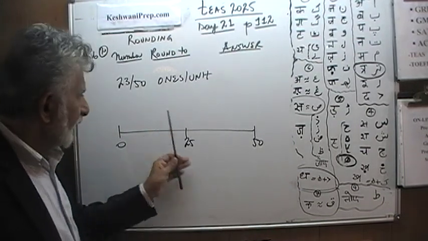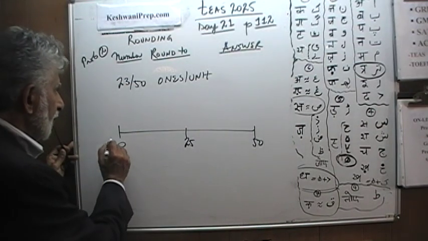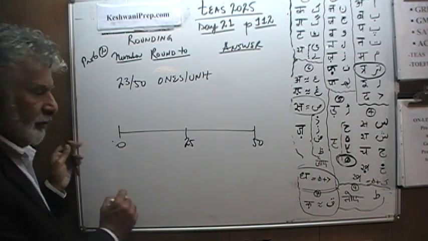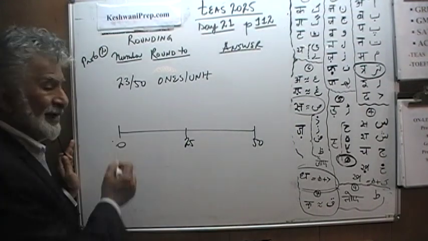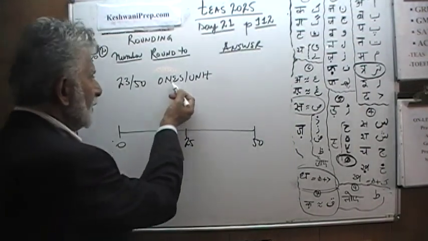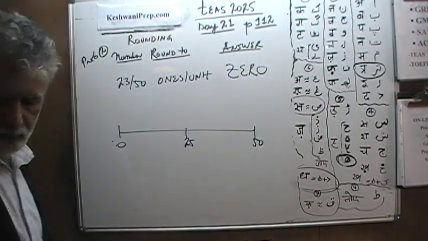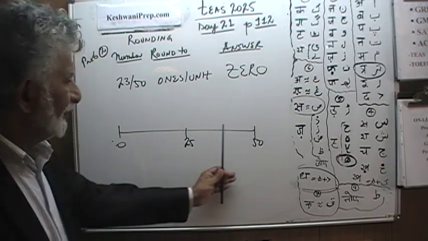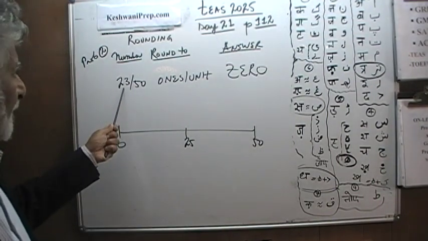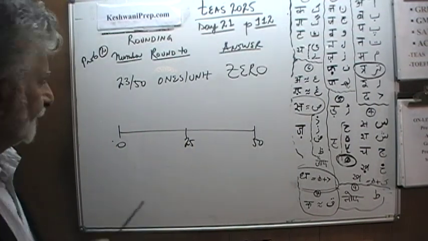It's closer to 0, which means this is less than half, so when you round it to the nearest ones, it just becomes 0. Had it been 25 over 50, it would have been exactly half, and we would have rounded to 1.